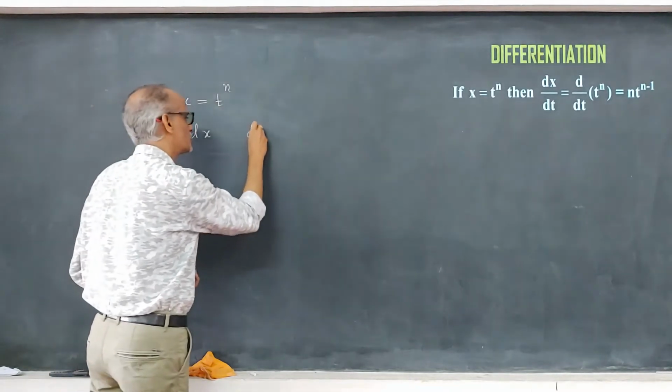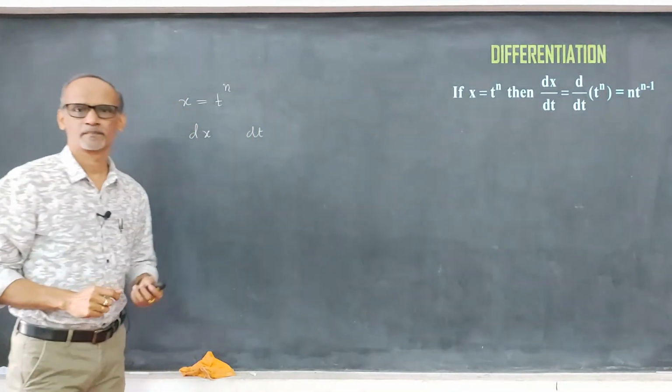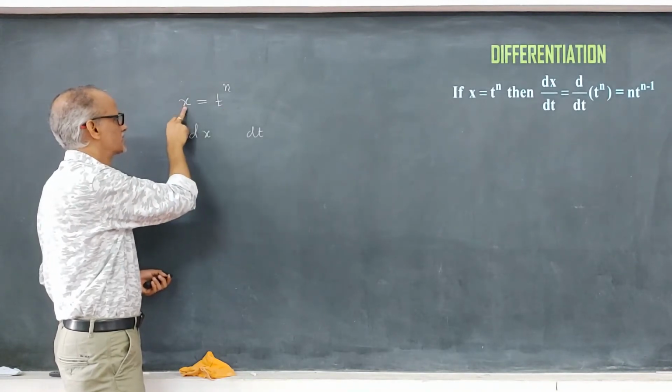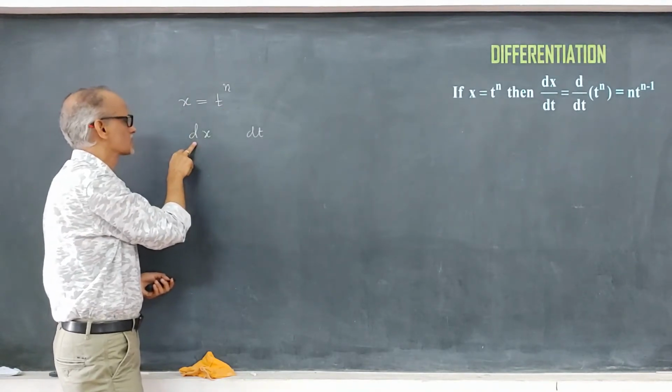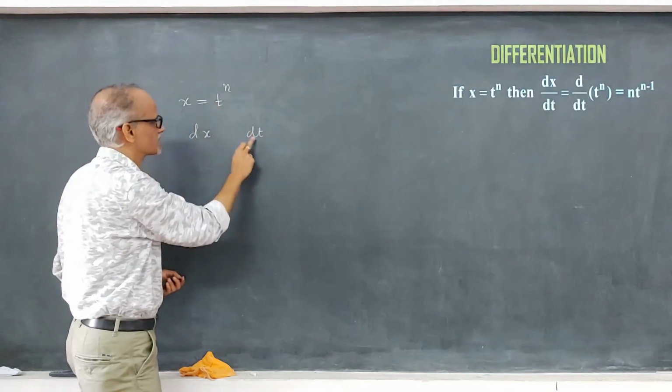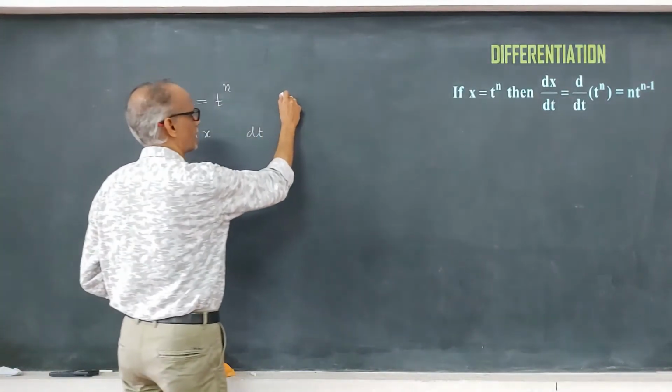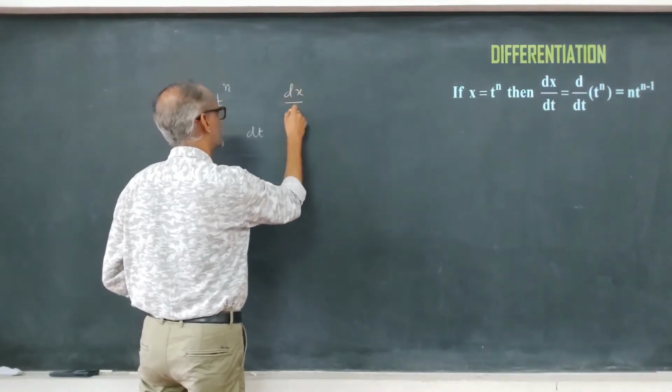Let that small change be dt. Let x change by a very small value dx, and when t changes by a very small value dt, then I can always find what we call dx by dt.